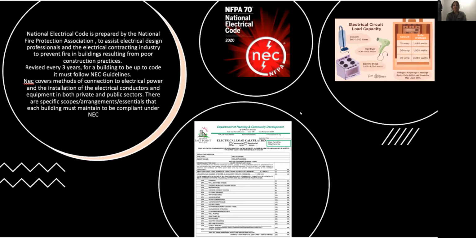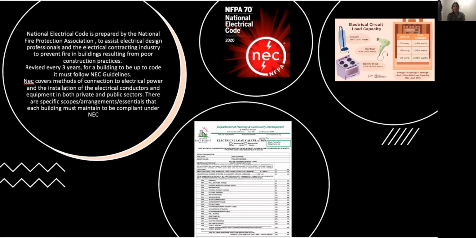So the National Electrical Code is prepared by the Fire Protection Association. And really what they do is set rules for buildings to be up to code, to ensure that no fire is started by electrical causes. It's a method of connection to make sure that the electrical power and the installation work properly.